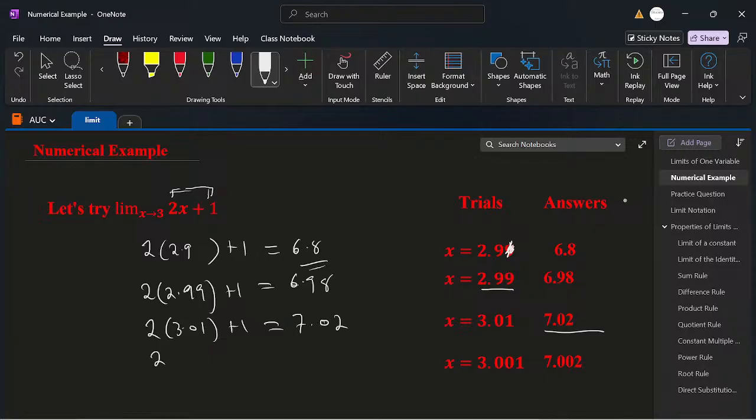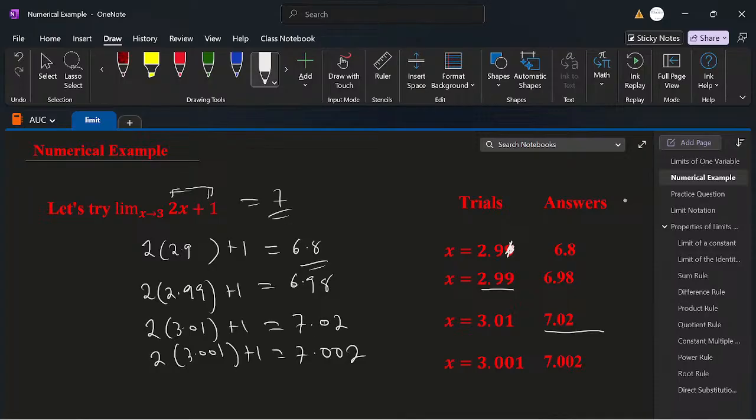Similarly, if you put in 3.001, then add 1, this will give us 7.002. So what you can see here is, as we get closer to 3, the function 2x plus 1 gets closer to 7. So we say the limit is 7.